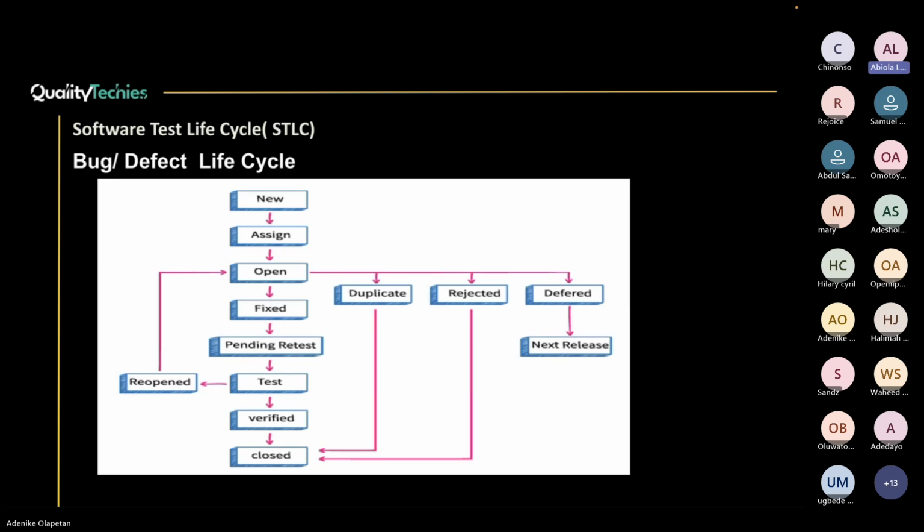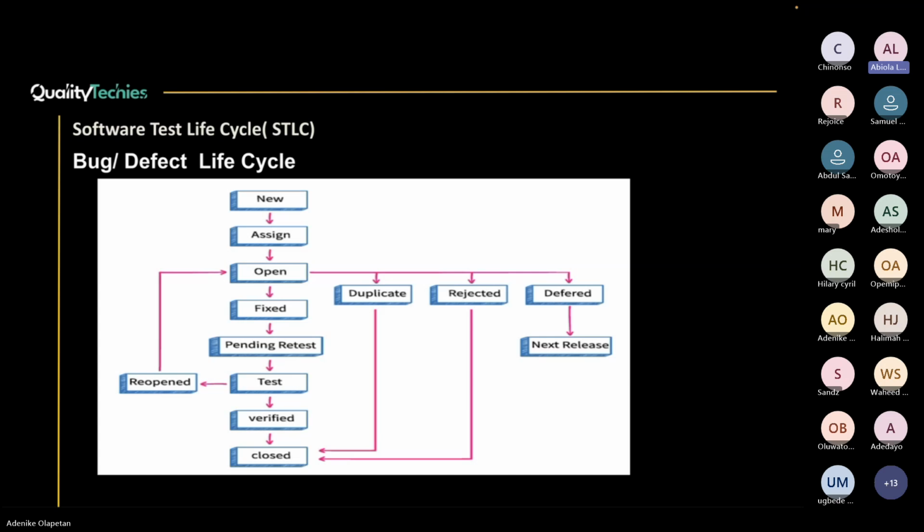So by the time the developer is fixing defects, we are also testing other things. You are writing your test cases, you are documenting your test summary reports, pending the time. But because for the agile process, they have to work strictly with the timeframe set for each of their sprints.